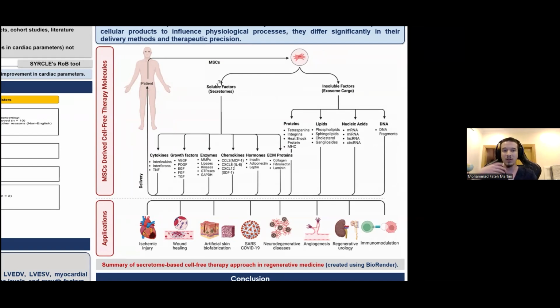In this figure, which we constructed in BioRender, you can see an easier illustration to visualize the molecular structure better, with insight into clinical applications.